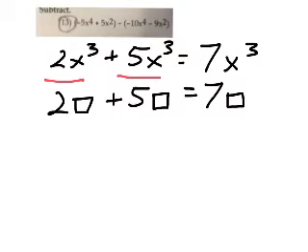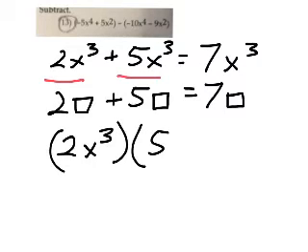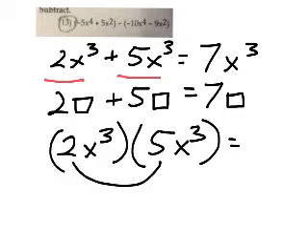It's a whole different thing if you've got 2x cubed times 5x cubed. Well, we multiply the numbers, right? The 2 and the 5, and we get 10.